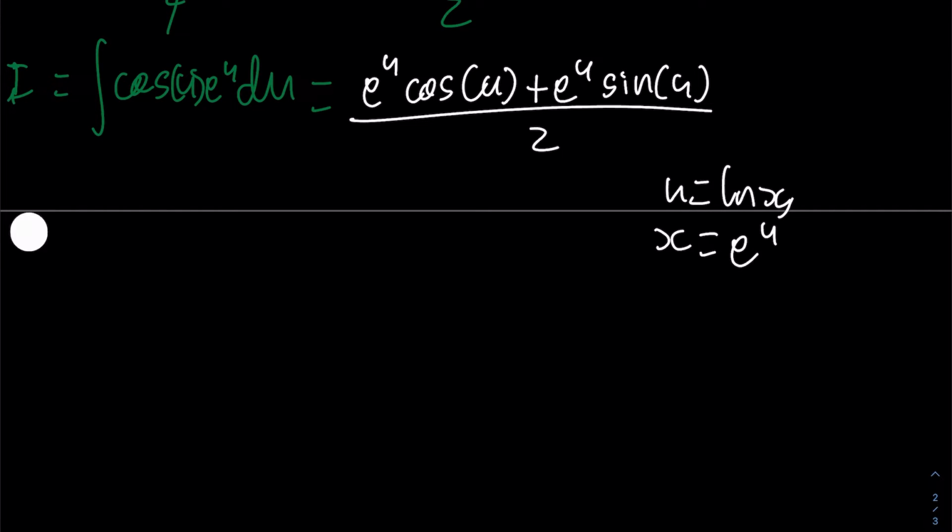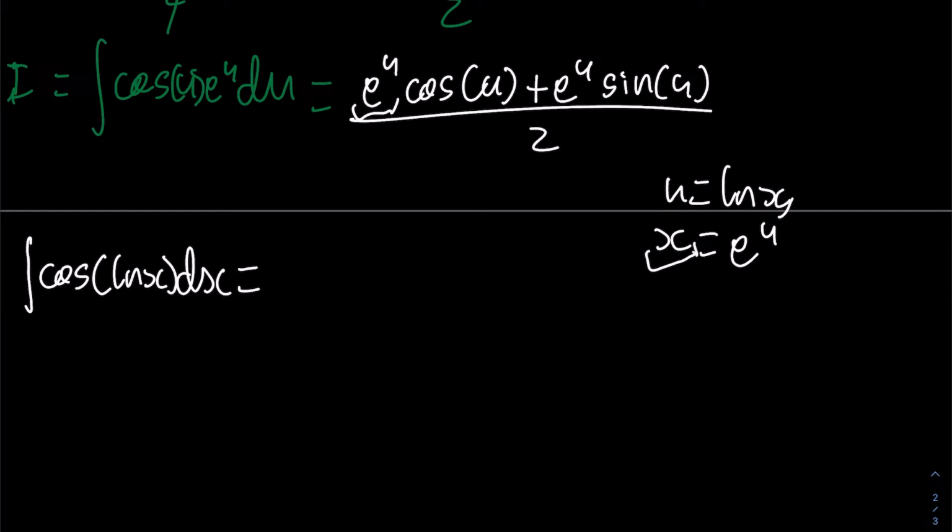So we finally see that the integral of the cosine of ln x dx is equal to, and here e to the u we know is exactly our x, and that goes for the same thing here. So what we see is we have x cosine, and then what is our u? Our u is ln x, so cosine of ln x.